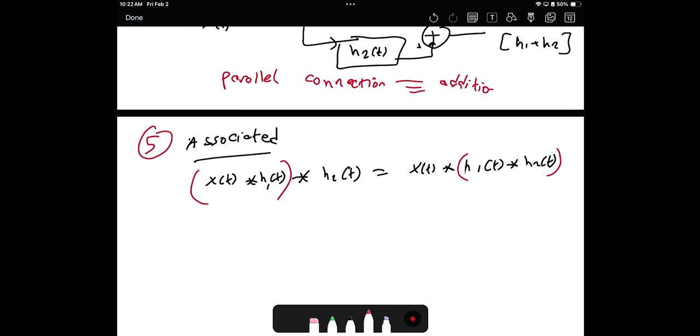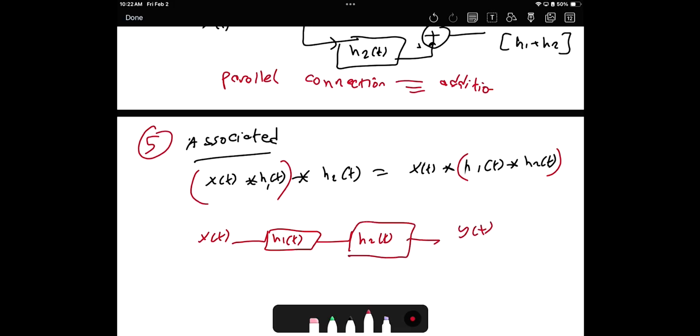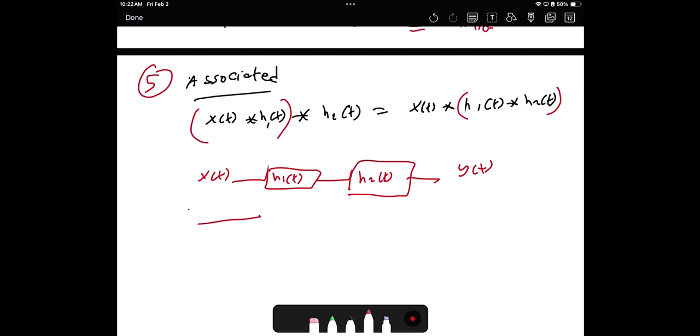Here, this means whenever you start with x of t, then h1 of t, then h2 of t, this will give us y of t. Or if you do x of t, h2 of t first, then h1 of t, this will give us y of t as well.